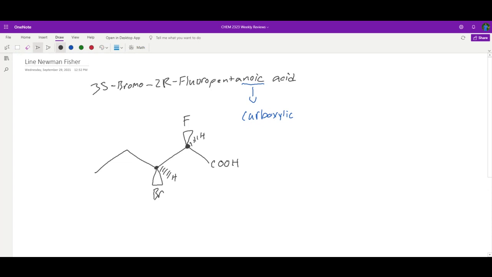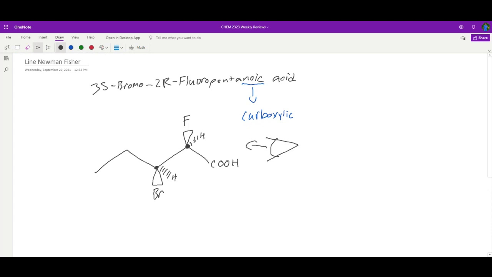And it also tells us that carbon 2, C2, is the front carbon. Actually, instead of saying all that, I'll just draw this. Okay, so you're looking at it from this angle.